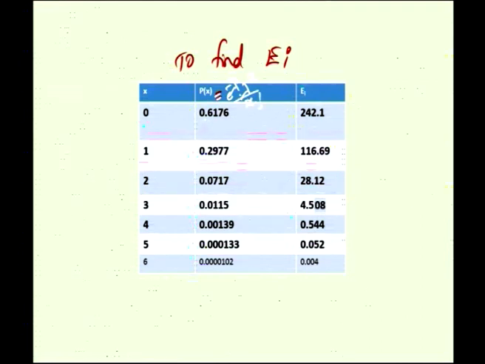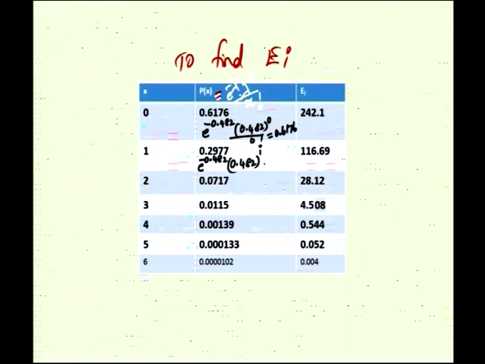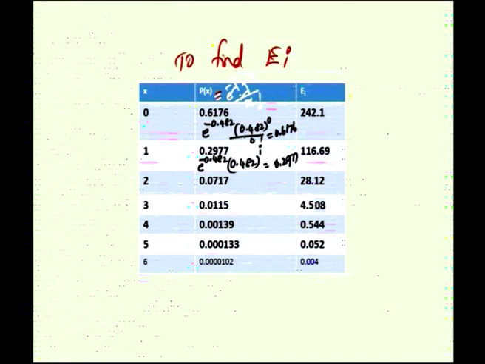So, for example, this 0.6176 is got as e power minus lambda, 0.482, whole power 0 by 0 factorial, and this value is 0.6176. Similarly, this is e power minus 0.482 into 0.482 whole power 1, which is equal to 0.2977. So, like that this column has been formed: 0.0717 and 0.0115.